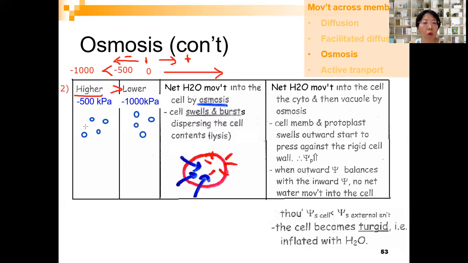Left side got more water molecules. Why? Why left side got more? Because the water potential is higher. Yes. So left side got more water molecules.